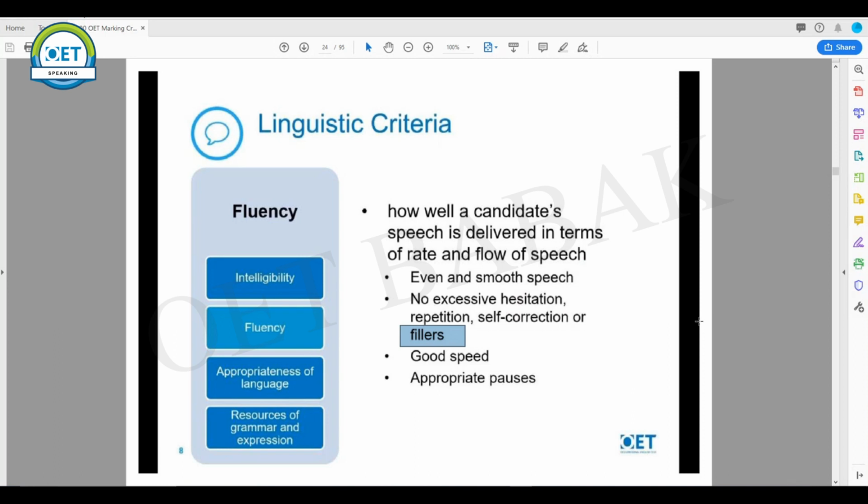So these are fillers. Fillers used to be an invention of teachers to help with the learner's fluency.